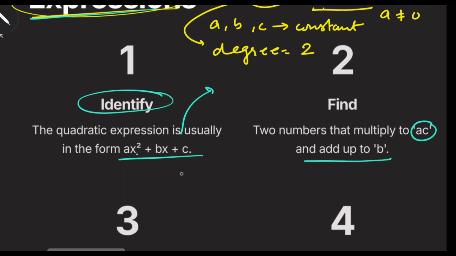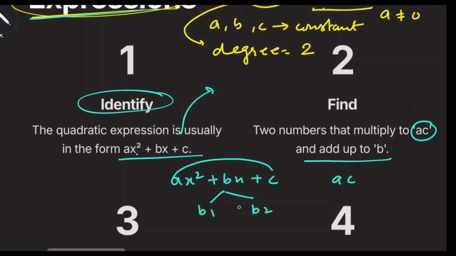If I have a quadratic expression ax square plus bx plus c, we multiply a into c. And b should be divided into b1 and b2 in such a way that after addition or subtraction we get b, and after multiplying b1 into b2 we get ac. This is known as the middle term splitting method.